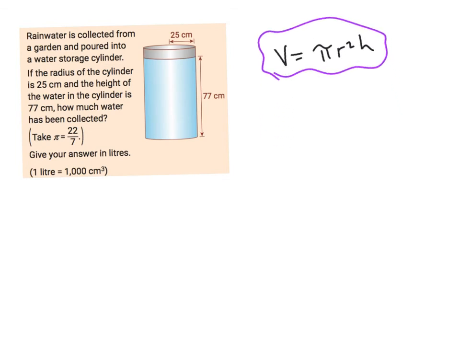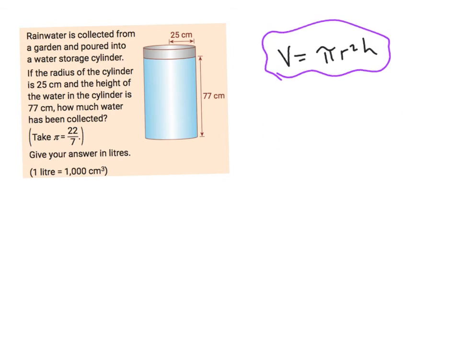And then let's write down the information that we've been given. So the radius is 25. The height is 77 in this case. We're told pi is equal to 22 over 7. And so now let's work out the volume.